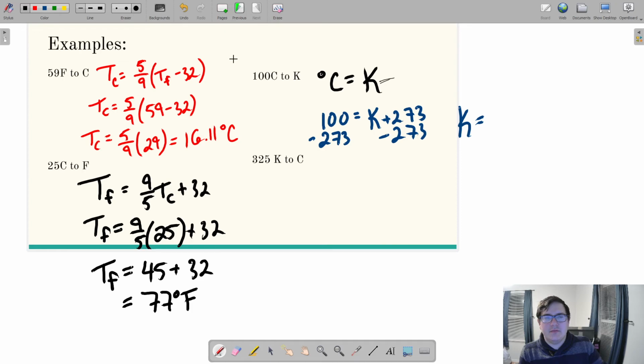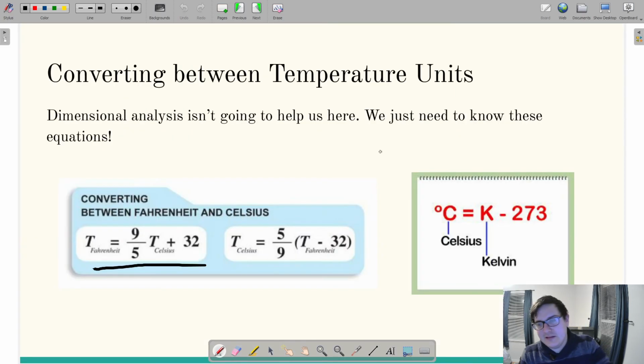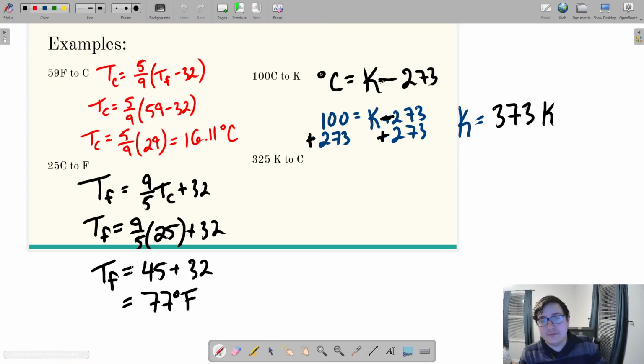Minus 273. There we go. I knew something was a little bit off. So we got 373 Kelvin. Okay, and that's it, folks. Not too bad, as long as you get the formula right. I'm sorry about that. I wrote down the formula wrong.